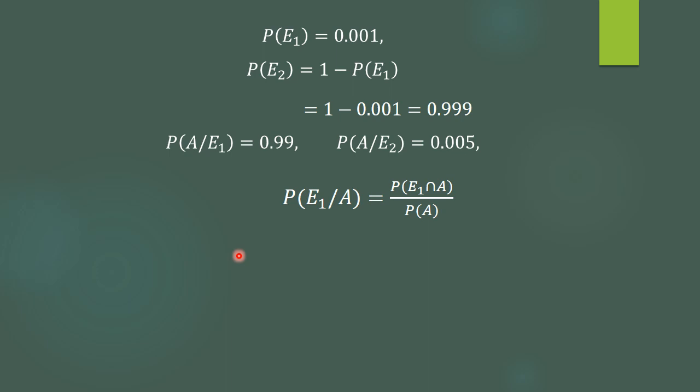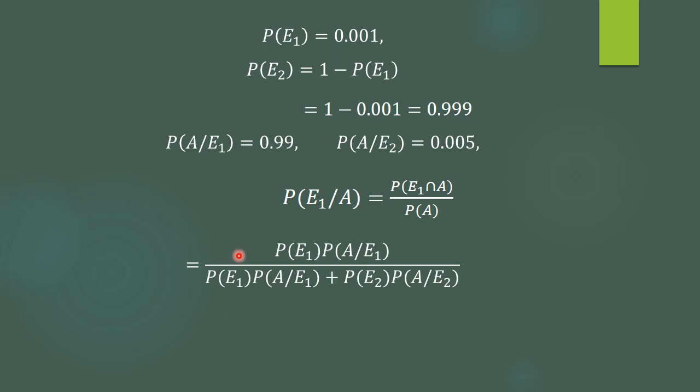Now what they have asked is E1 given A. So that is E1 intersection A upon probability of A. That is equal to probability of E1 into A given E1, upon probability of E1 into A given E1 plus probability of E2 into probability of A given E2. We know the values of E1, A given E1, E2, A given E2, so we are going to replace these values.